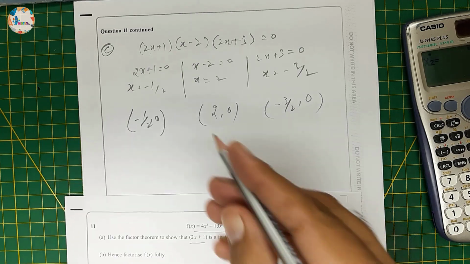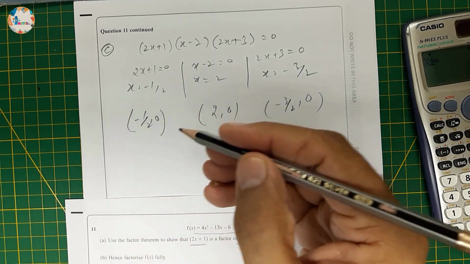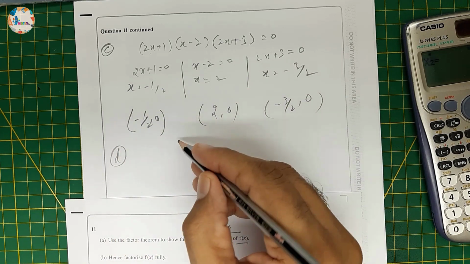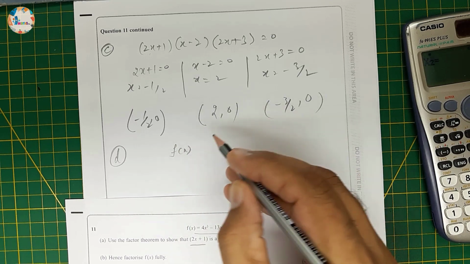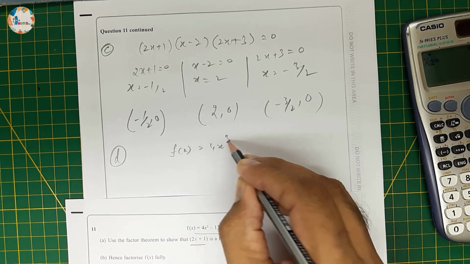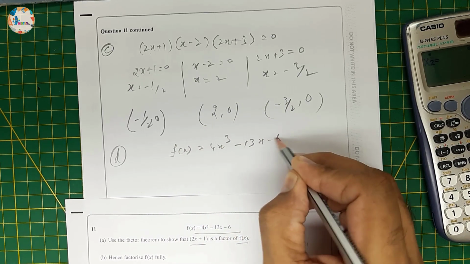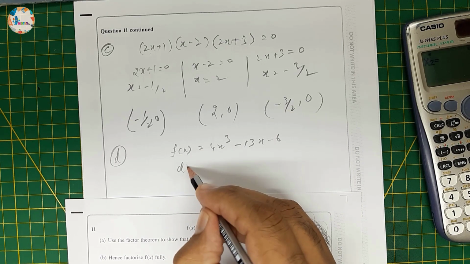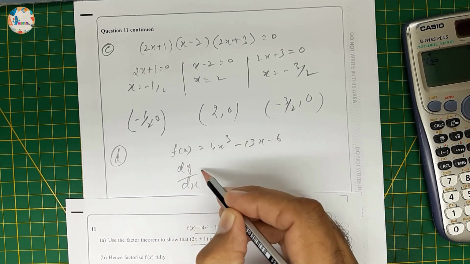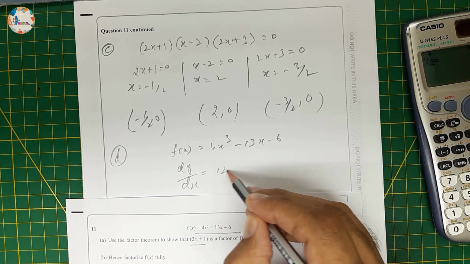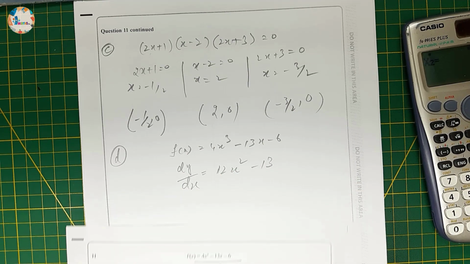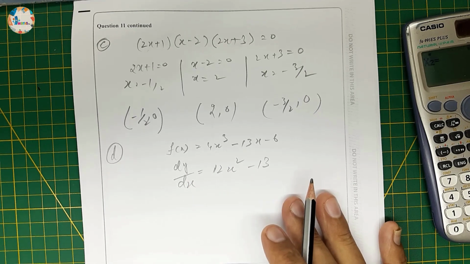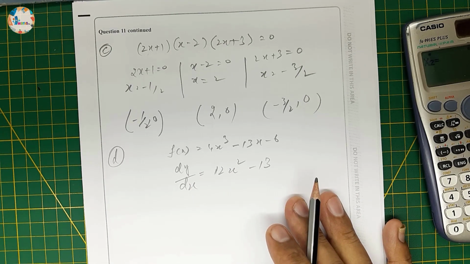For the D part, we take f(x) = 4x³ - 13x - 6. So dy/dx, or f'(x), will be equal to 12x² - 13, and we set this equal to 0 for the turning point.